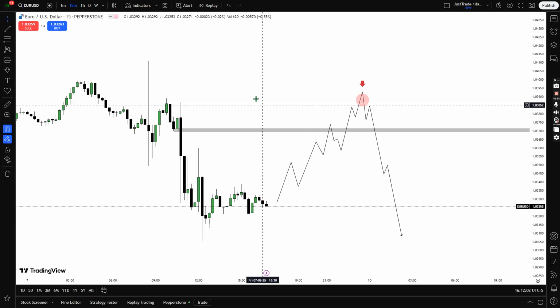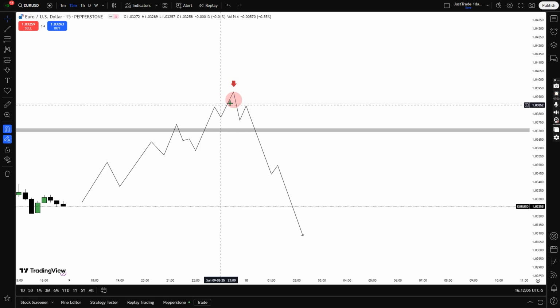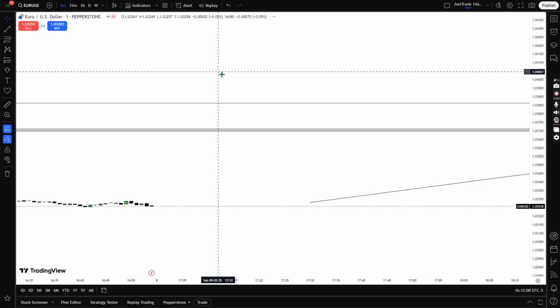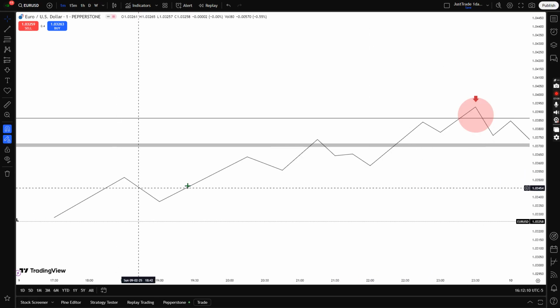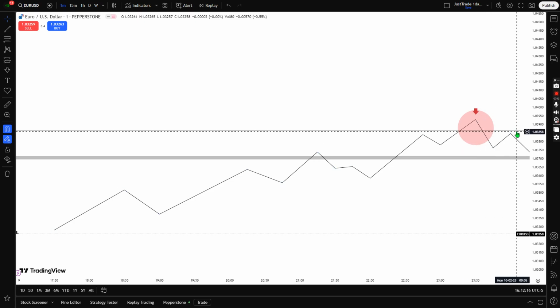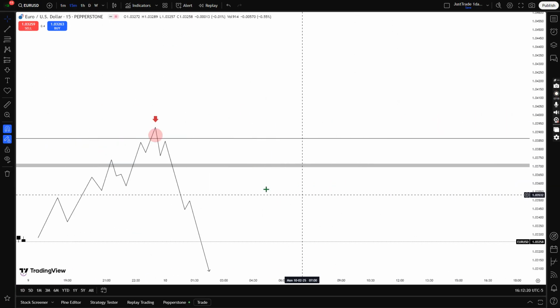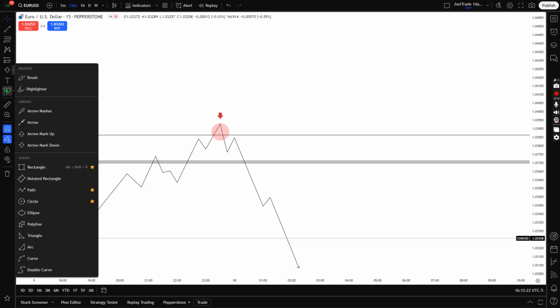Okay, if that happens, we'll just wait for the market to create a short-term low up here in the 1 minute chart. If it does create a short-term low here, wait for it to break it, retest it again, and then we short. So let's say it does, we would have this trade right here.